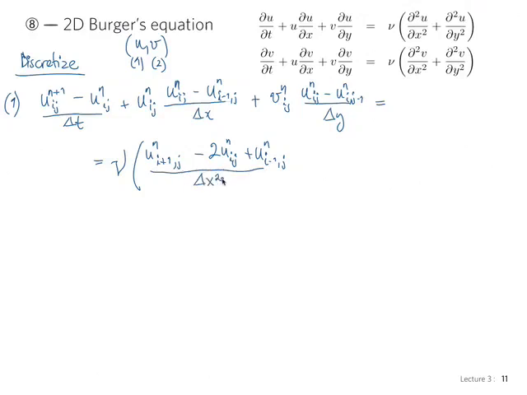Second order guy has delta x squared, plus u changes now with respect to y, we're doing this term now. u i j minus 1, minus 2 u i j, plus u i j plus 1, all at time n, divided by delta y squared. We got our first equation.